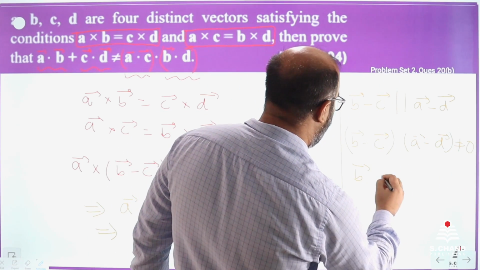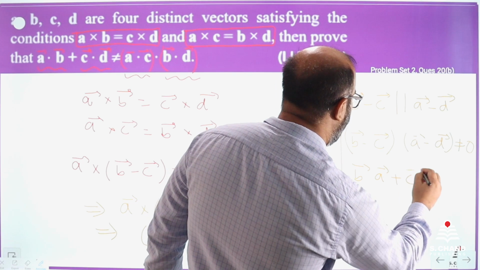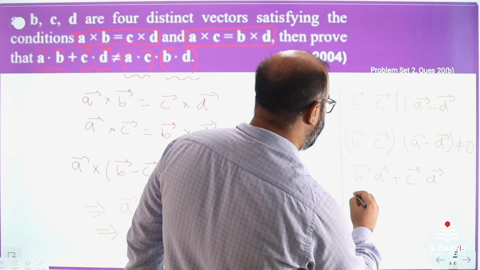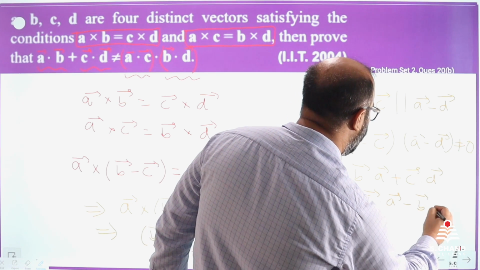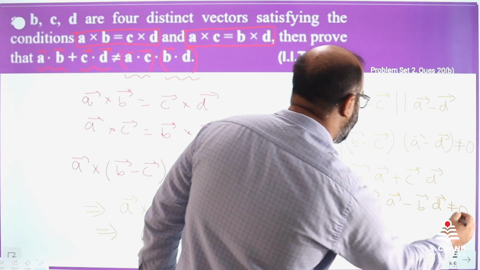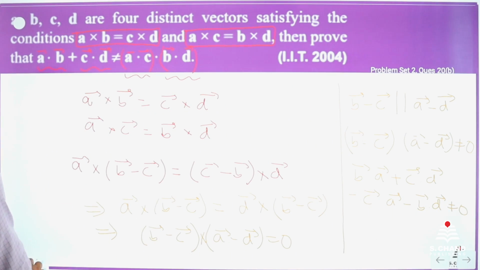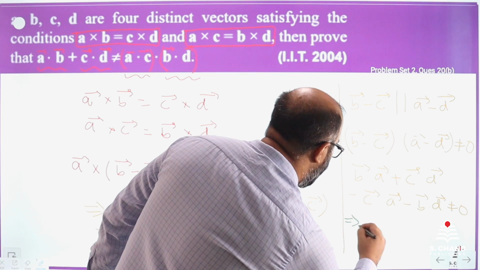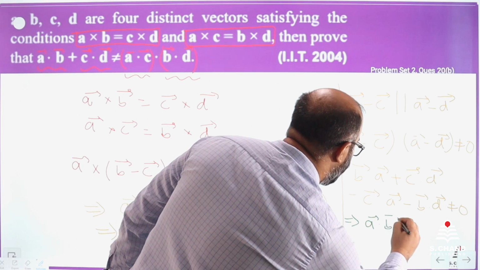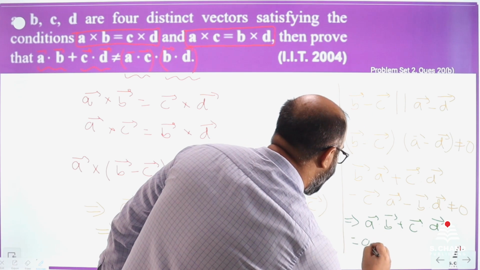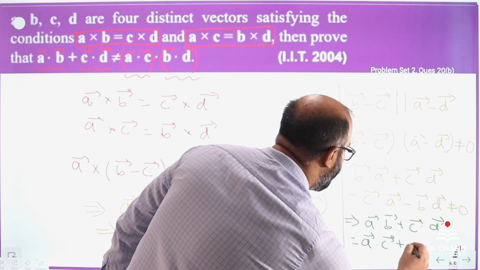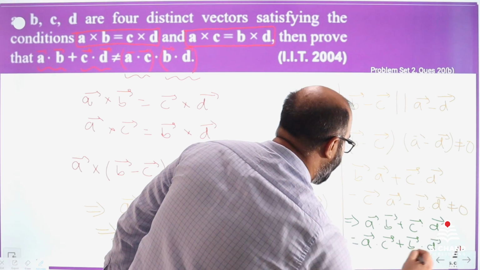That b dot a plus c dot d minus c dot a minus b dot d is not equal to 0. This is what we can say. So further what we can write is a dot b plus c dot d is not equal to a dot c plus b dot d.